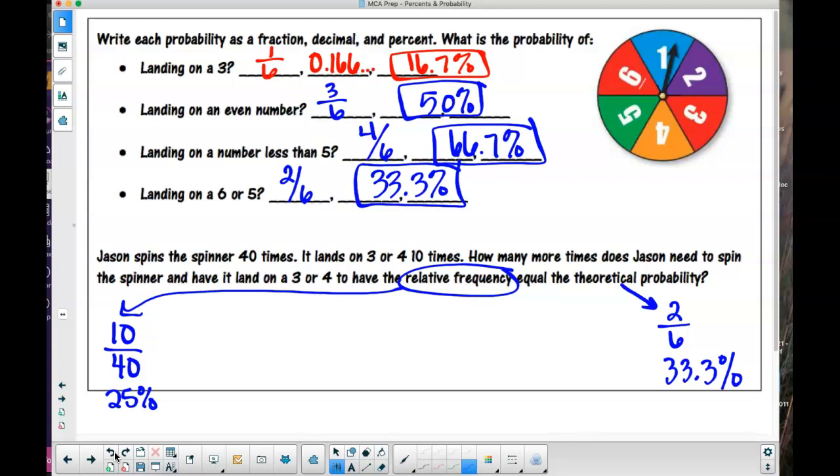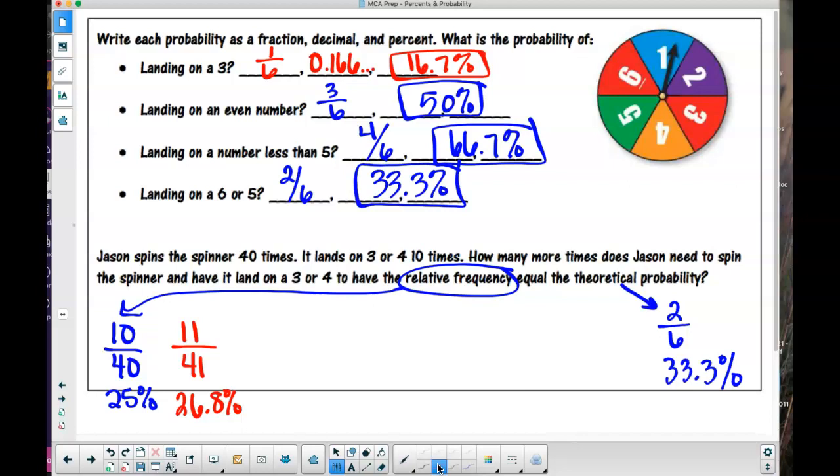So let's see if he just spun it one more time. Then he would have spun a 3 or 4, 11 out of how many? 41. Everybody agree with that? Okay, 11 divided by 41 is 26.8%. Are they equal yet? No, so he has to spin more than one. Okay, so he spins it again.